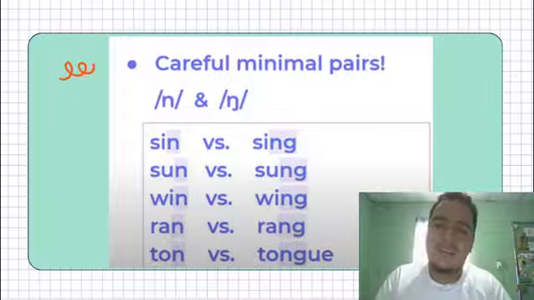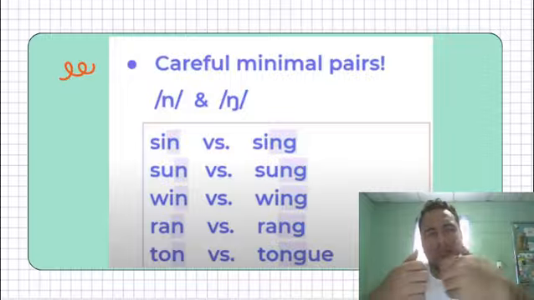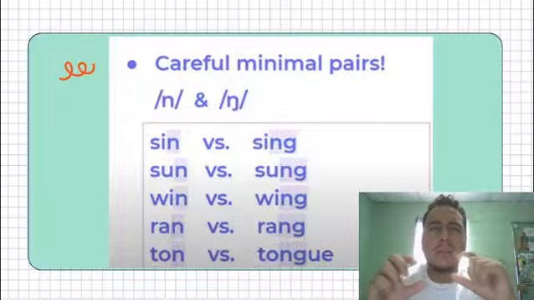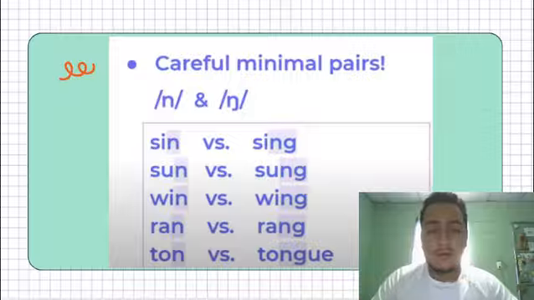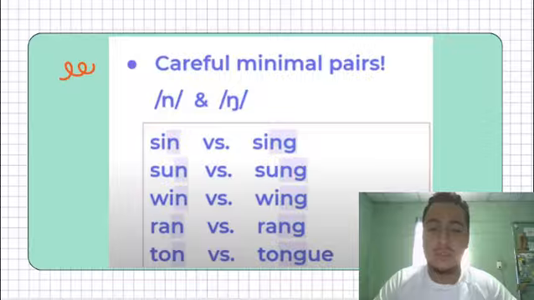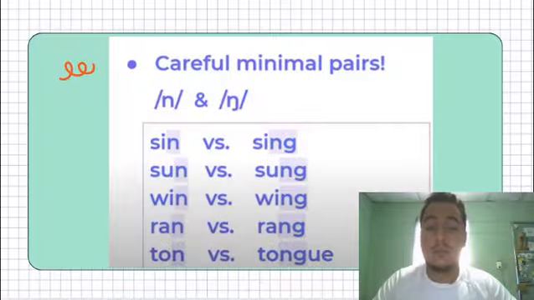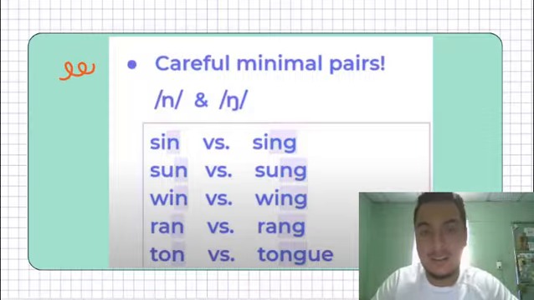In that case, in the second one the tongue sound is a little bit later, a little bit longer. And the second, sun and sung. Number 3, win and wing. Number 4, run and rang. The last one, tongue and ton.